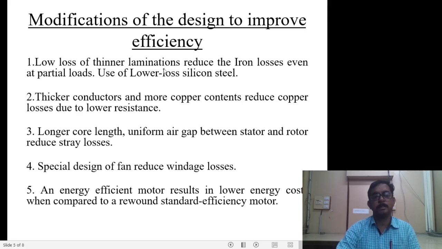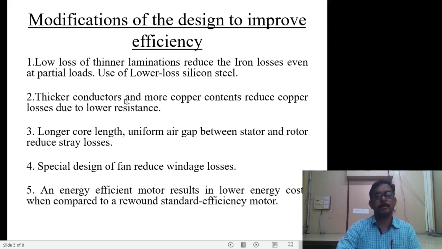If you use thinner lamination to make the stator core, then eddy current losses get reduced, and if eddy current losses are reduced, then overall iron losses will get reduced, and the efficiency of the induction motor may get improved. Use of lower loss silicon steel also improves the hysteresis losses.